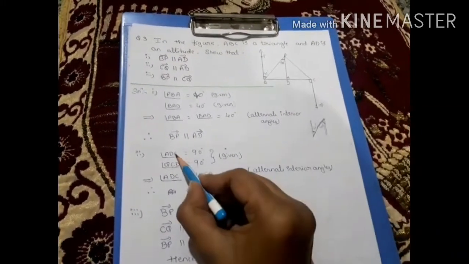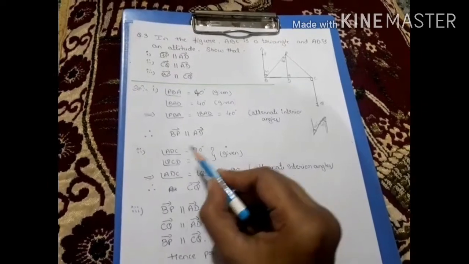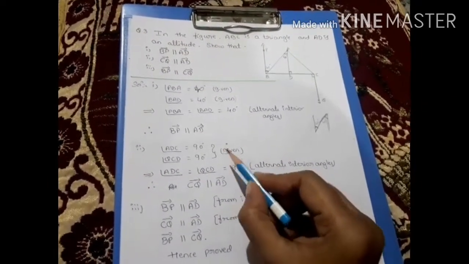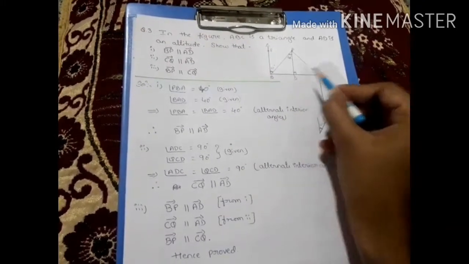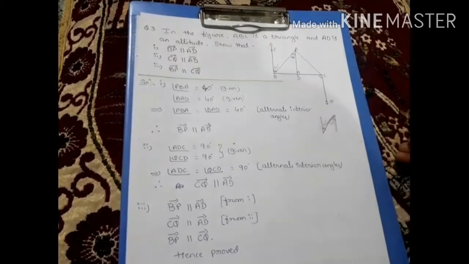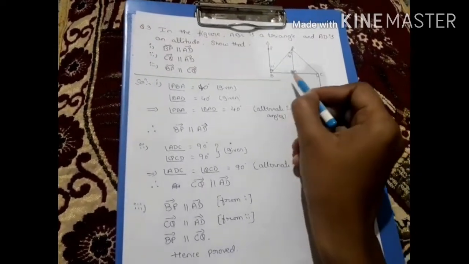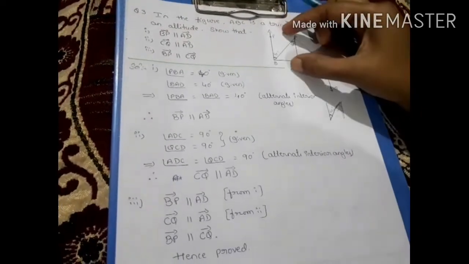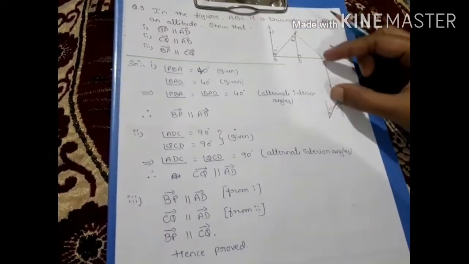So you can write here angle ADC equals 90 degrees, angle QCD equals 90 degrees. Both are given. Then these two act as alternate interior angles. Alternate interior angles are equal. Then we can say that these two lines are parallel to each other.